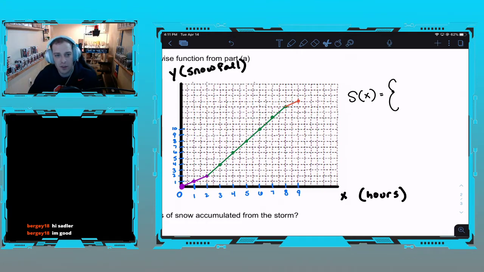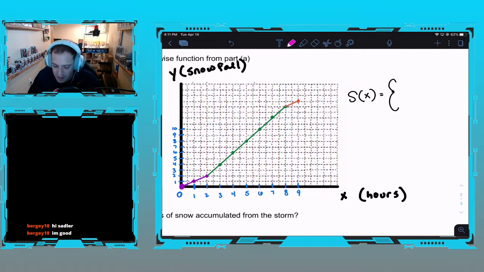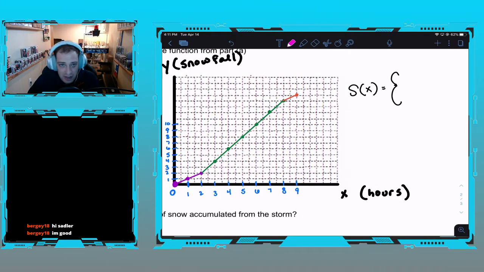The first piece was what we did in pink. So I'm going to take a look at that pink one, and I'm going to see if we could try to figure out what that's going to represent. So if I'm looking at my pink graph, it looks like my y-intercept is going to be at 0, so that's easy. And then it looks like my slope was up 1.